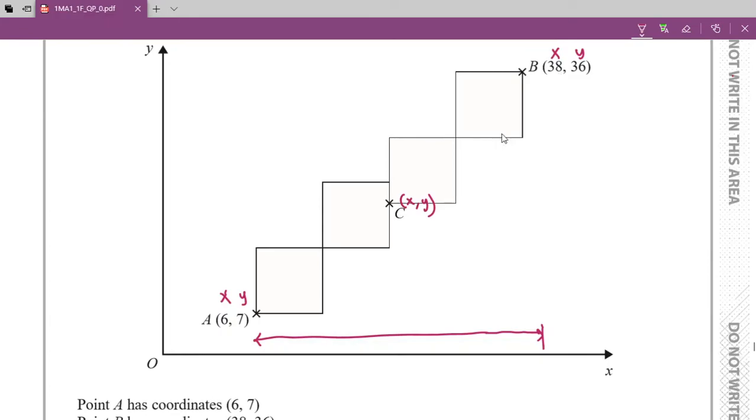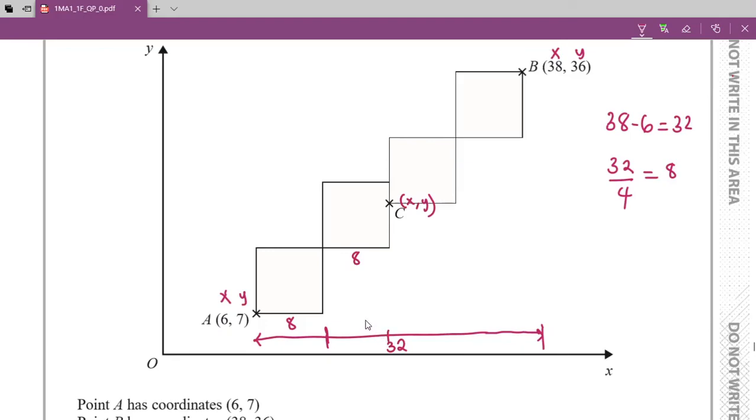Because it will be 38 minus 6, that's going to be 32. So from here to here is 32 units. And we know these are equal squares, and there are 4 of them, so that's going to be 32 divided by 4, which gives me 8. So the length is going to be 8. From here to here will be 8, and here another 8.